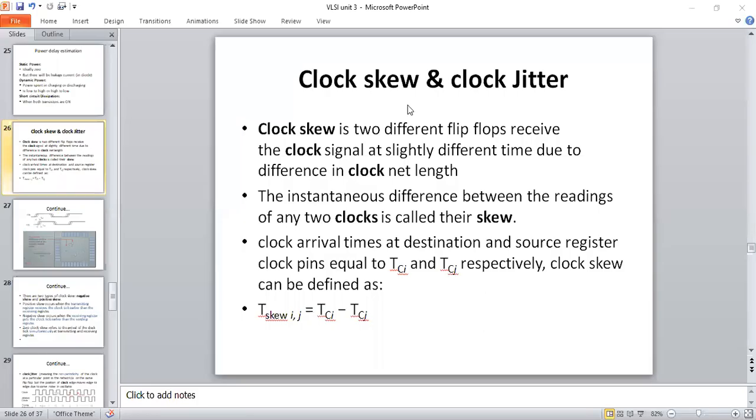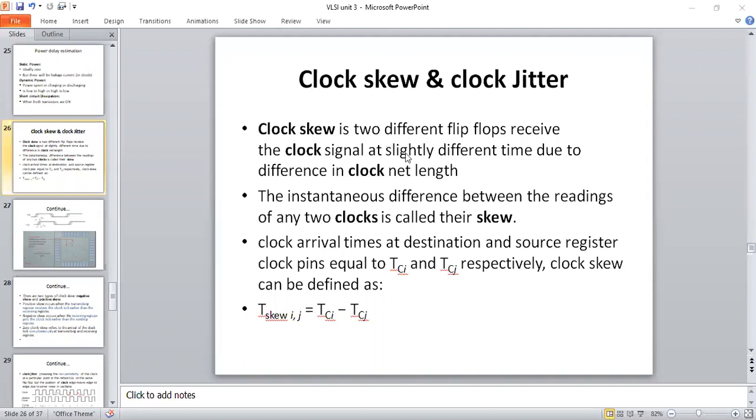So the next topic is called clock skew and clock jitter. What is clock skew? It is the difference between the appearance of two clock signals.